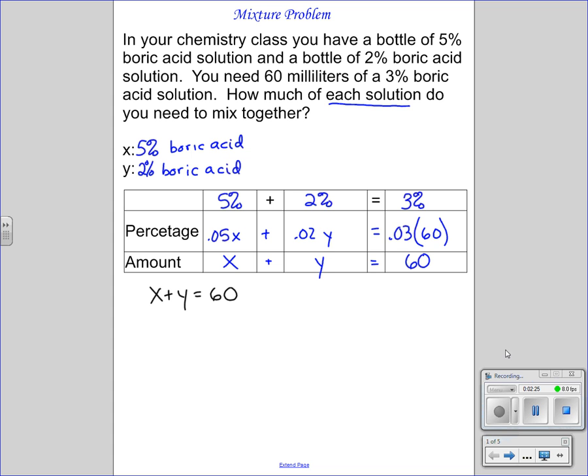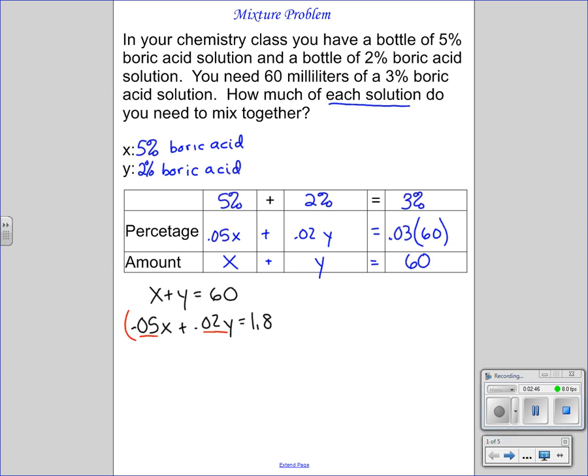The other one is the percentages. 0.03 times 60 is 1.8. To get rid of those decimals, basically I want to move both of these decimals on the left-hand side over 2 decimal places.